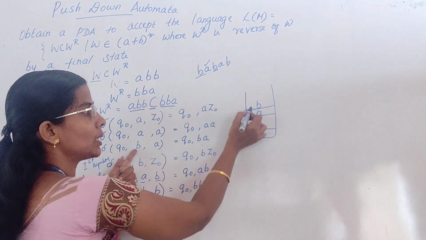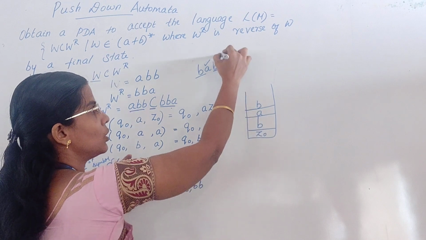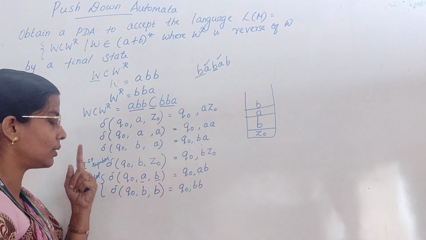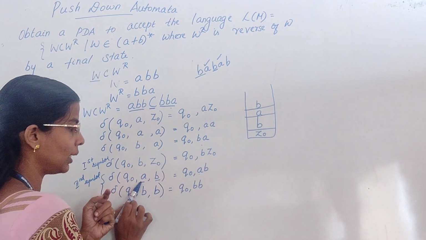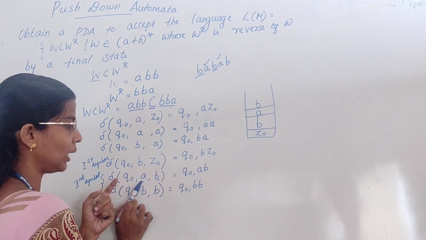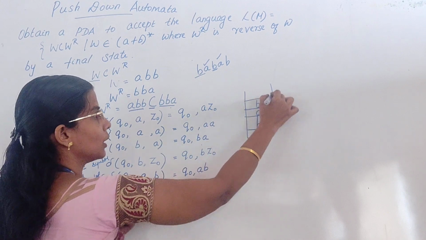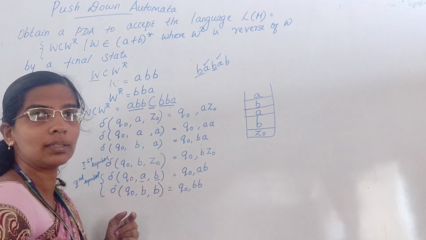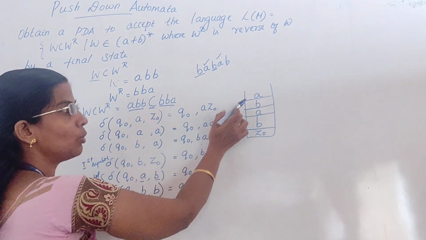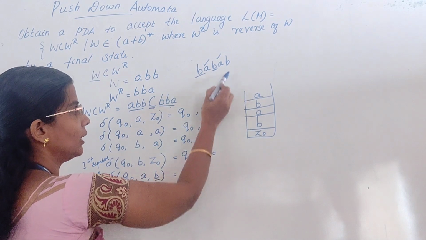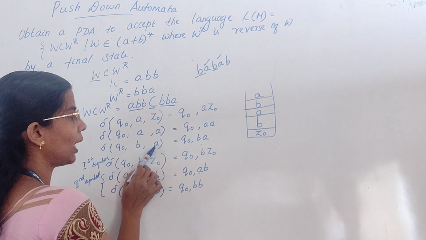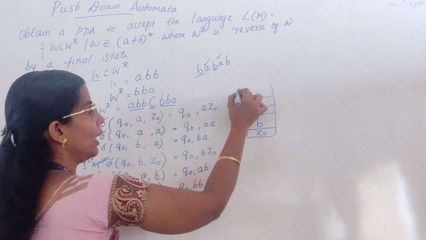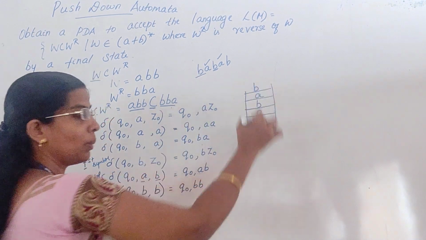Now what is your stack top? B. And what is your input symbol? A. Stack top is B and input symbol is A. What we are doing is pushing inside your stack. Now stack top is A and input symbol is B. Again we are pushing this B into my stack.